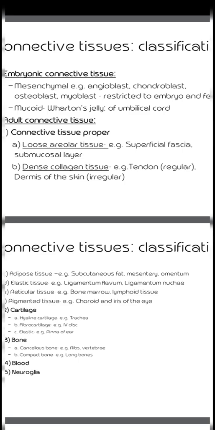So superficial fascia is the layer that is present just beneath the epithelial layer, and submucosal layer is the layer that is present beneath the mucosal layer of stomach and intestines. The second one is dense collagen tissue that forms tendon and dermis of the skin.